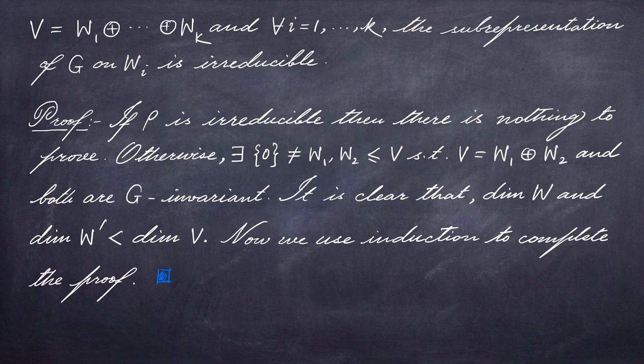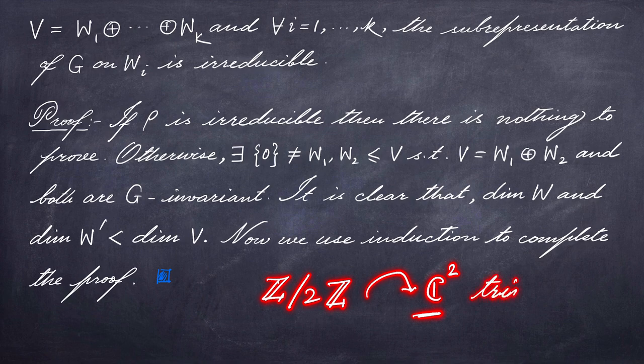Let's take any group, it doesn't matter, say Z mod 2Z. We consider its action on C2, and let's take the trivial representation.